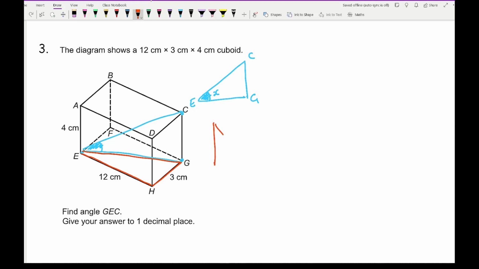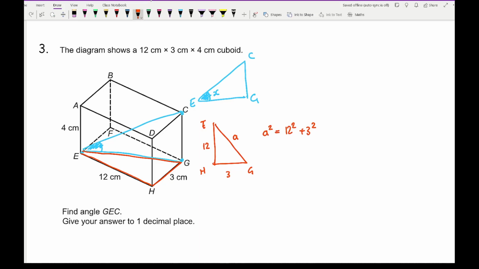So this triangle here, which is E, H, and G. This length here is 3, this length here is 12, and this length here is, let's just call that A. So using Pythagoras, I've got A squared equals 12 squared plus 3 squared.